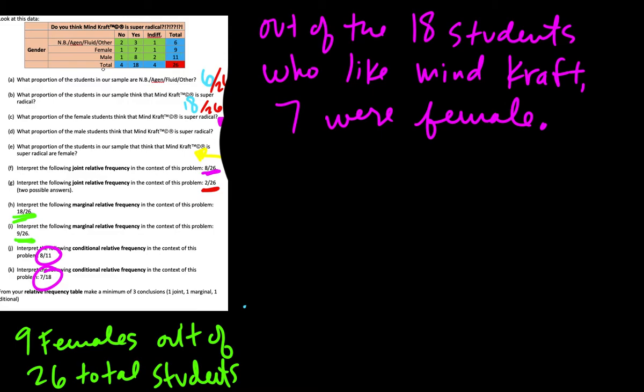So if we want to make a joint, we're going to pick one of these numbers in the green and compare it to the 26.